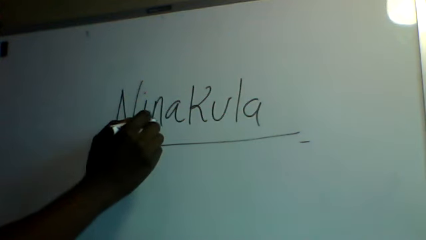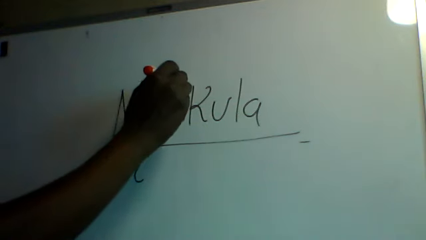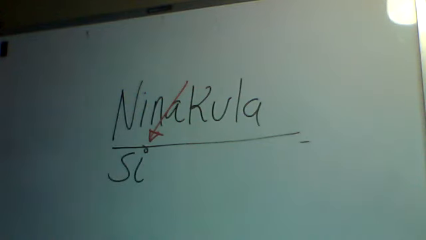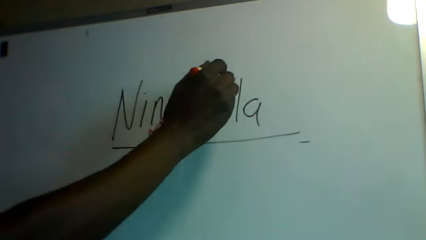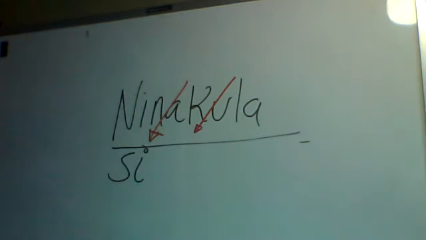Then this na is the tense mark for the present tense, and you drop it. This na is always dropped in the present tense negative. Then the ku, which is used to form the infinitive or gerund, is also dropped.